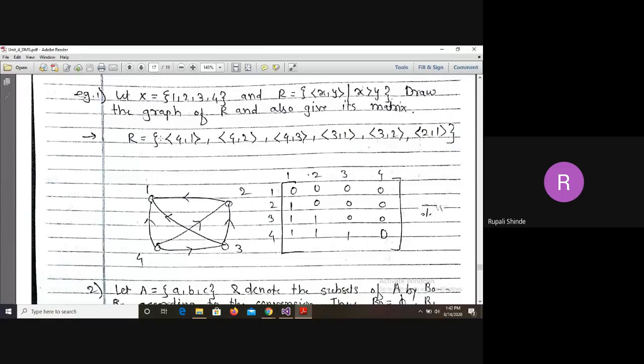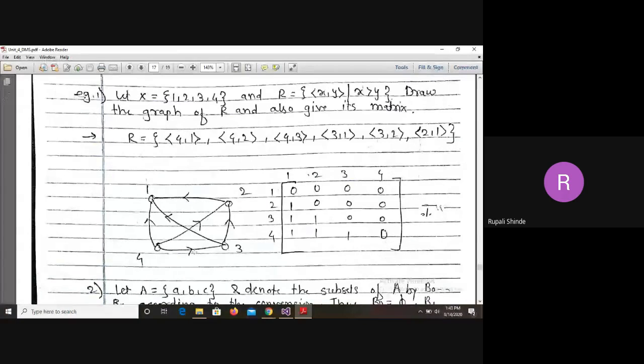First is the ordered pair (4, 1). It means that the arrow starts from 4 and ends at 1, so we have drawn that arrow from 4 to 1. Then (4, 2): again the arrow starts from 4 and ends at 2. Then (4, 3) should again be represented by an arrow.